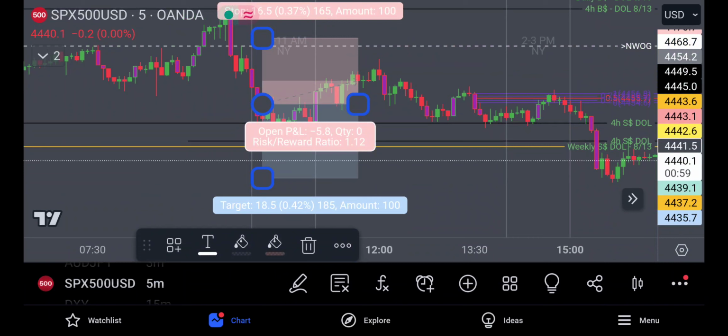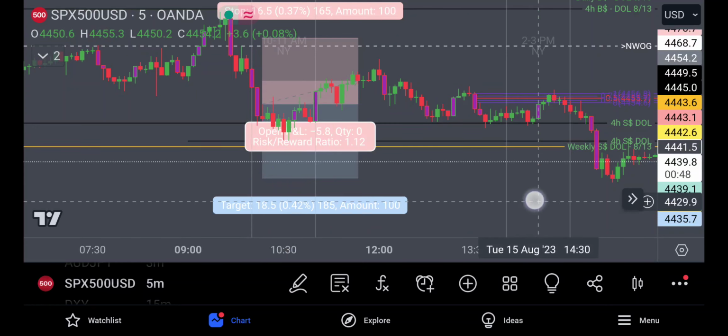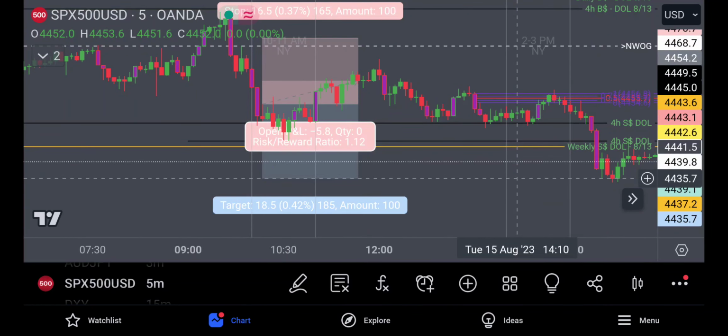Still a 1-to-1, but we can see that when we do it this way, even when we take a look to the left, it takes some time, but that 10 pip trade gets hit right here. So that works.